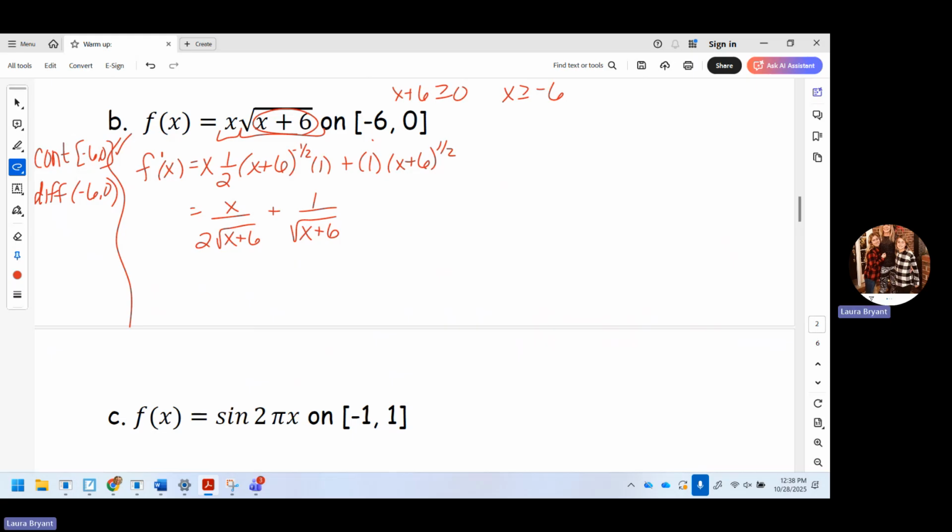Oh, sorry, I messed that up. It's not 1 over. That was a positive. I've got a glare right there. Hold on. Sorry, it's just (x+6) to the +1/2, so square root of x+6. And then I want to put that over 1 and do a common denominator. So I multiply by 2 radical x+6 top and bottom.